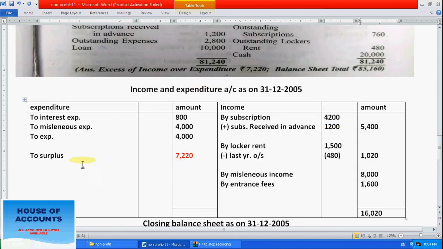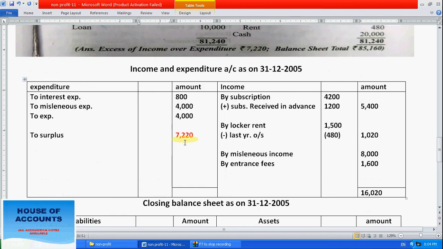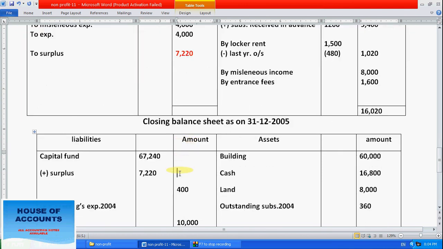There is a surplus, meaning profit, of 7220. So add surplus 7,220. So all the entries are over, so directly go outside.